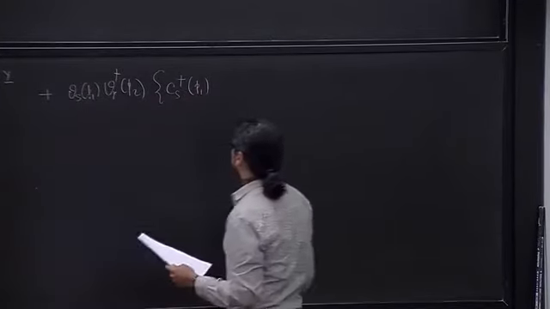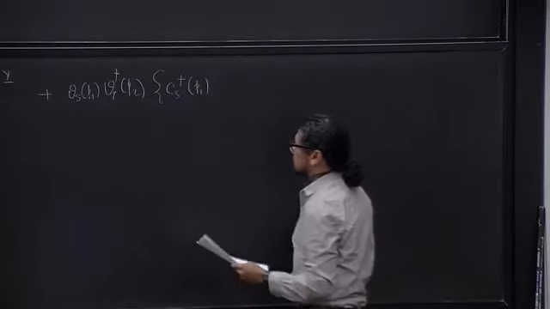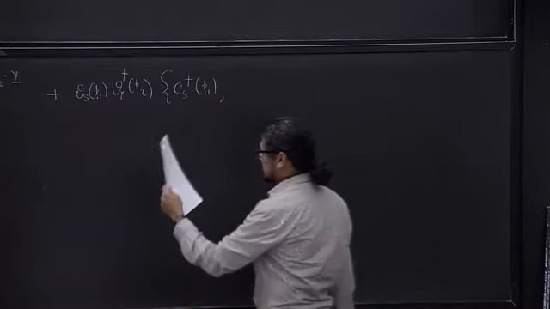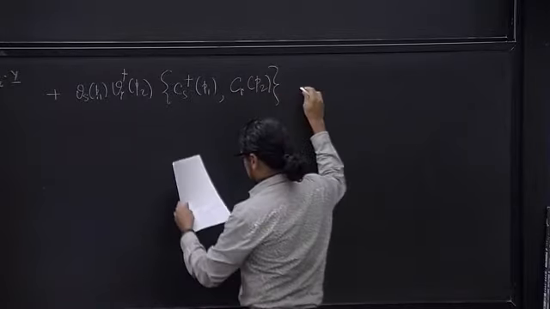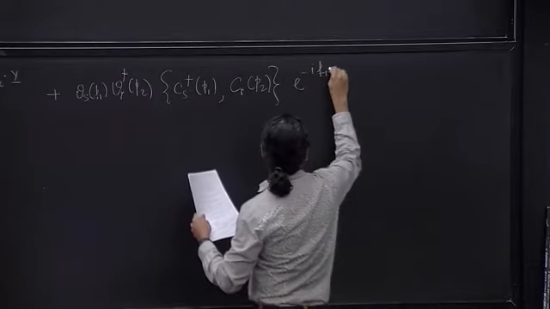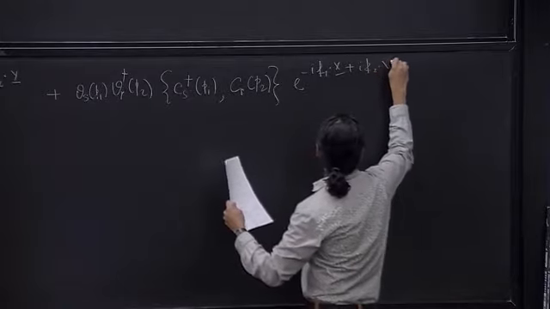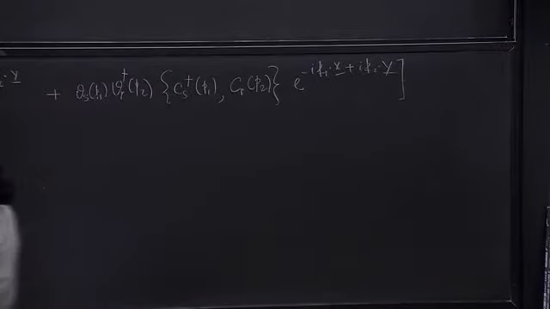I think I mixed up the dagger between this guy and that guy in the notes, but it doesn't matter because we'll see some delta functions set all their arguments to the same. So c_r of p2 and then e to the power minus i p1·x plus i p2·y. There will be the other commutators, the commutators between the b's and c's, but I've set them to 0 already, so I'm not going to write out those terms.